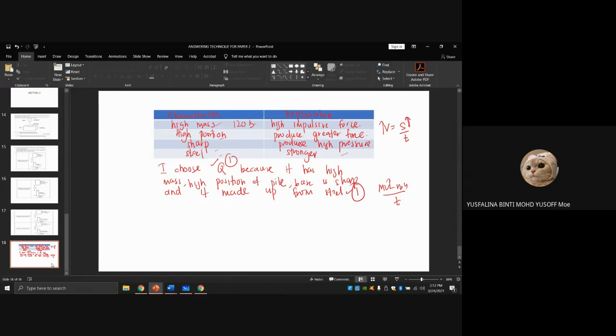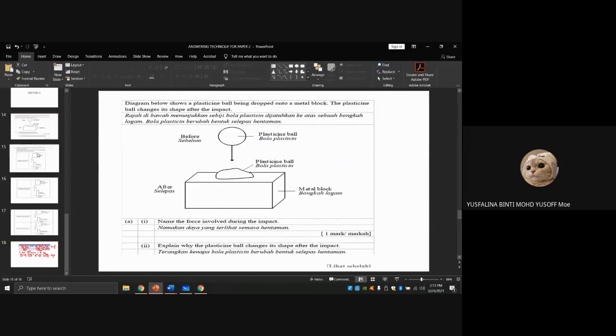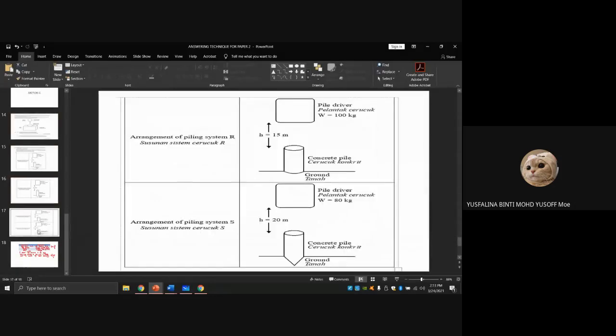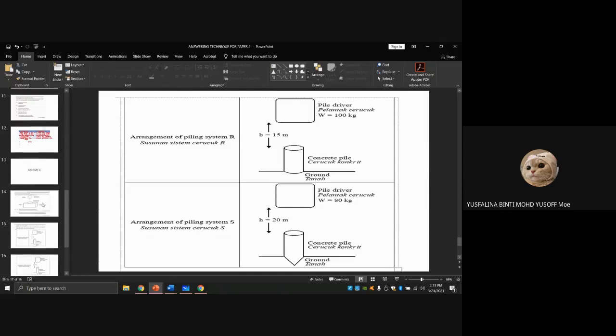Are you clear? Right, so this is how you answer for paper 2 for section B and section C. Any question you want to ask? And also for question number 12, they got one more question, that is the calculation question.